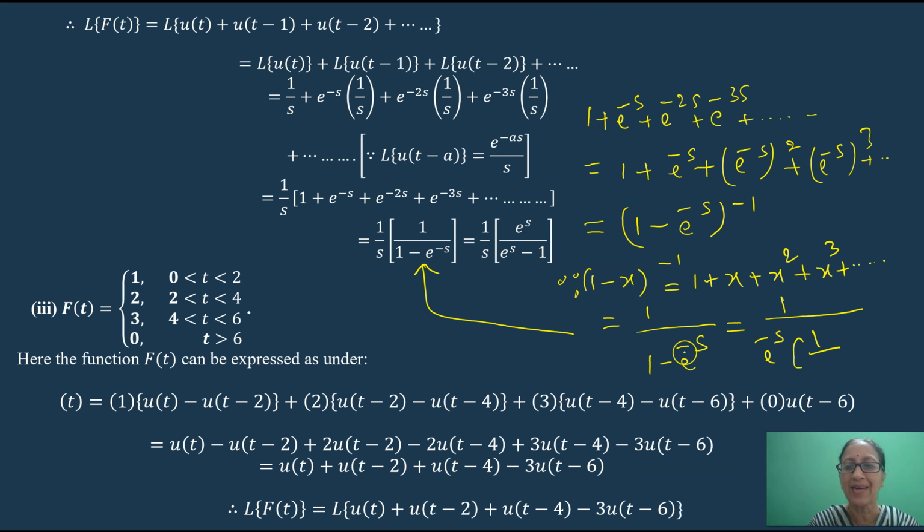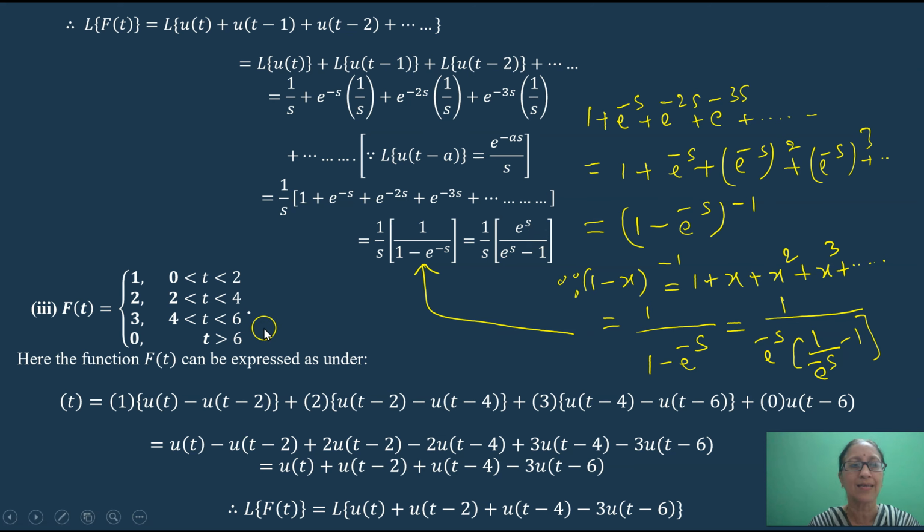If you take e power minus s common, you get 1 by e power minus s minus 1. So you can write it in numerator. If you write it in numerator, you get e power s. This power becomes positive when you write it in numerator. So this becomes e power s by, here it is 1 by e power minus s, so again it becomes e power s minus 1. So Laplace transform of given function is 1 by s into e power s by e power s minus 1.